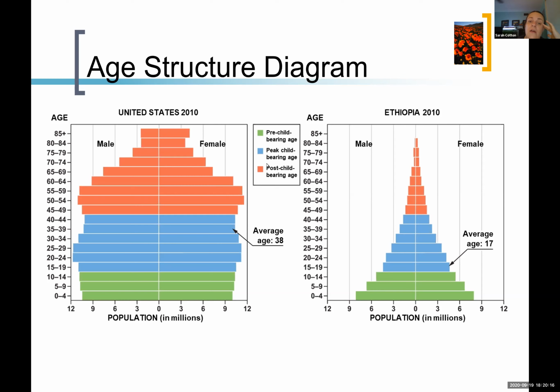Now, the other thing that they've done to help you see what you're looking at here is they have taken some colors to represent where you are in your breeding capacity. Between the ages of 0 and 14, you are not yet able to produce offspring, so you are pre-childbearing. Between the ages of 15 to 45 is when most people have kids, so those are your peak childbearing ages, right?